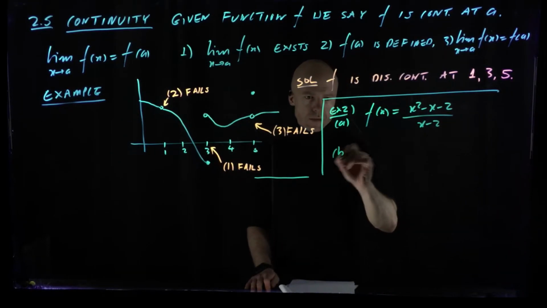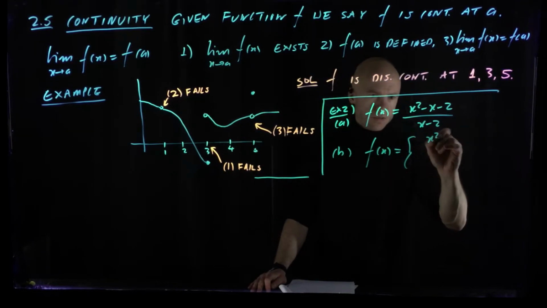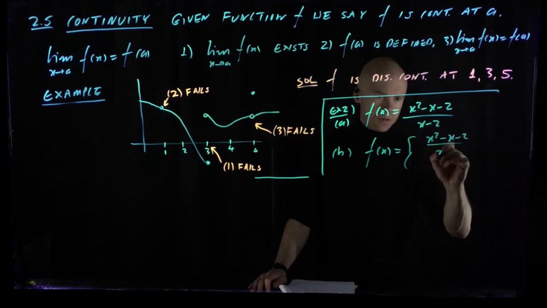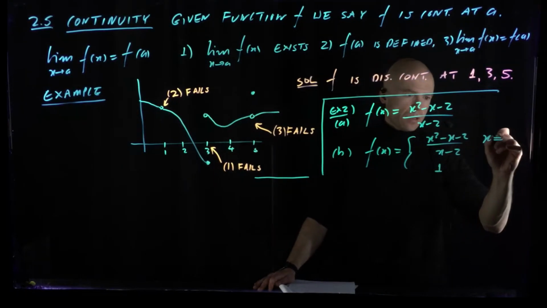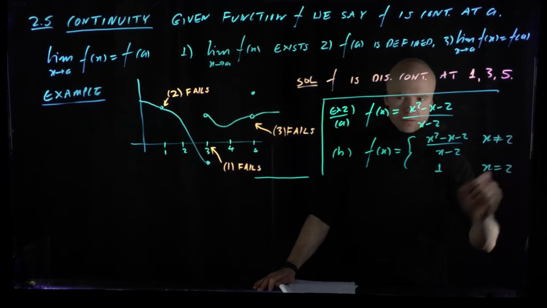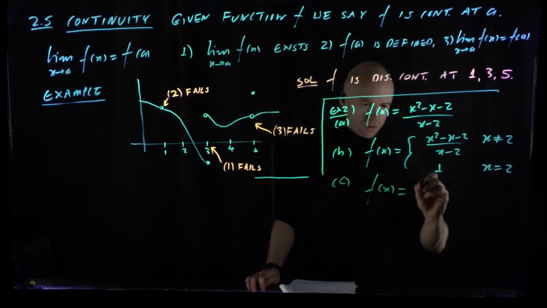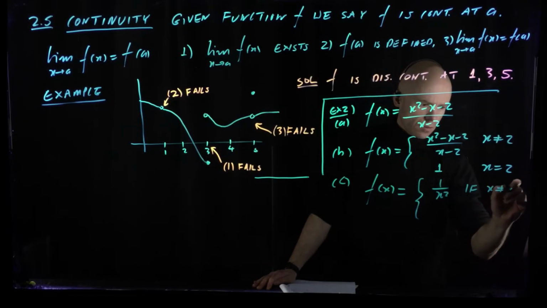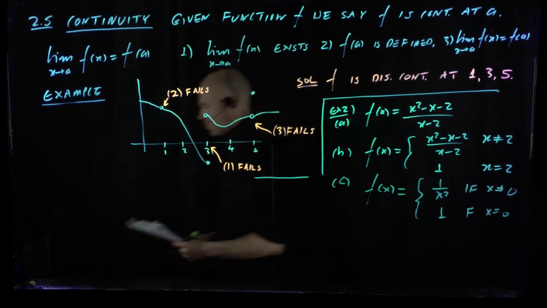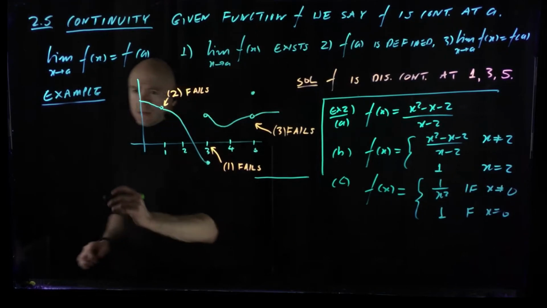The second function is defined in a similar way, but it's not quite the same, and we set it to be equal to 1. So this is if x is not equal to 2, and this is if x equals 2. And the third function is 1 over x squared if x is not equal to 0, and that's set to be 1 if x equals 0. So our question is, where are these guys discontinuous?